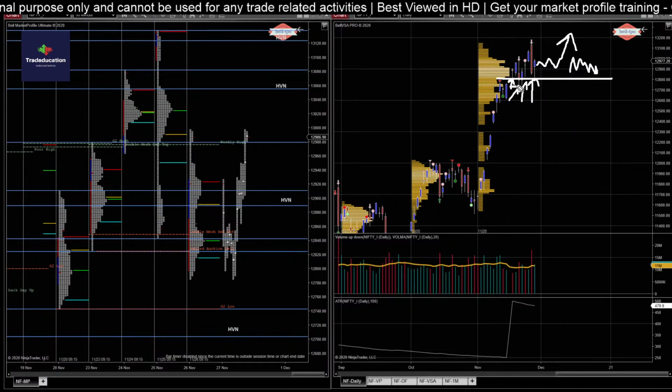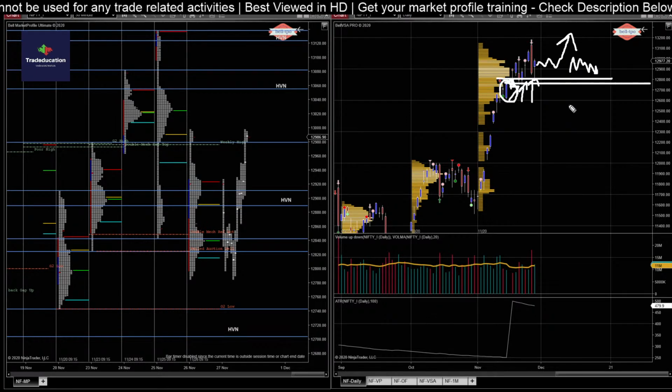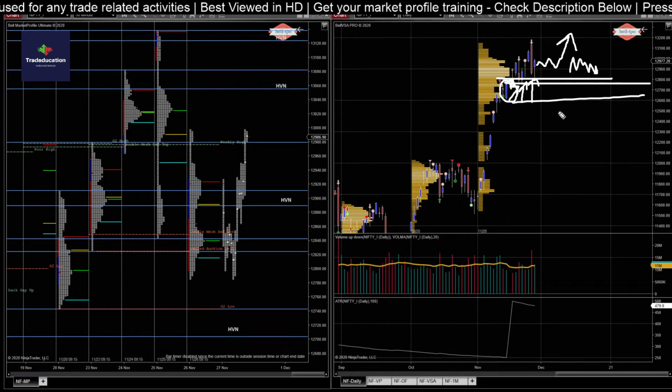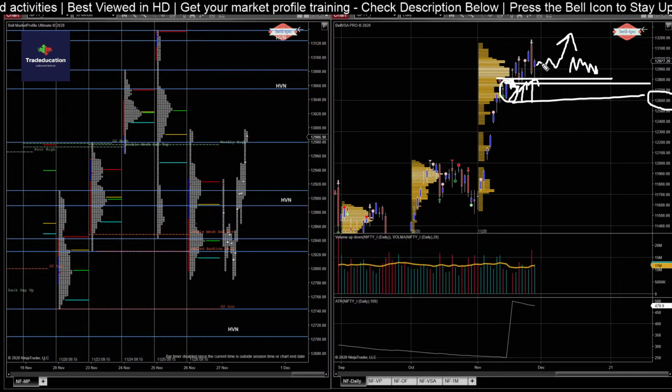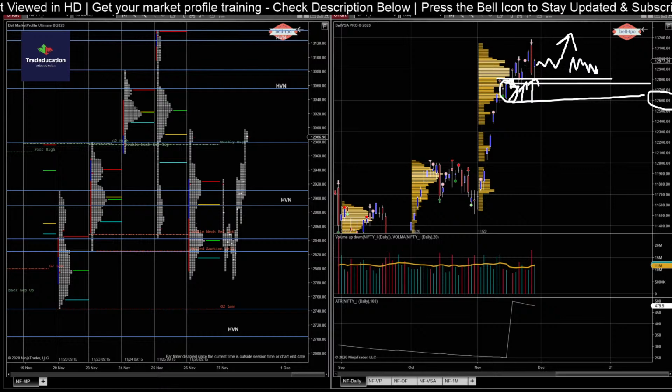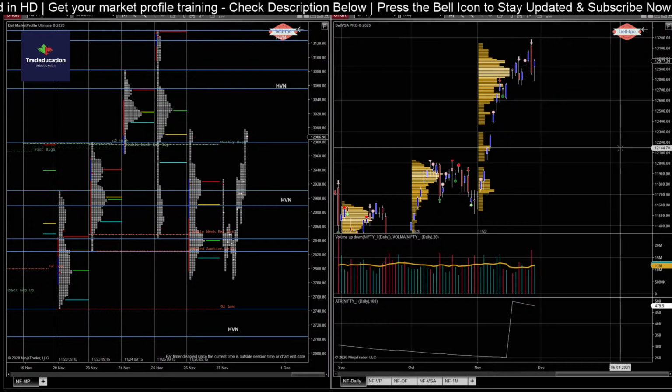If the auction again reaches here, buyers will again try to step in, and this particular candle is where buyers will try to step in again, around 12,600. So we need to see whether we see follow through or continuation to the upside, or some sort of balancing activity. So that is from the daily chart.